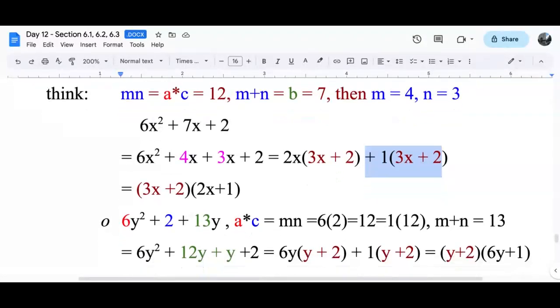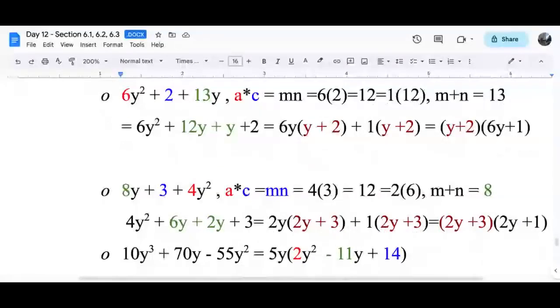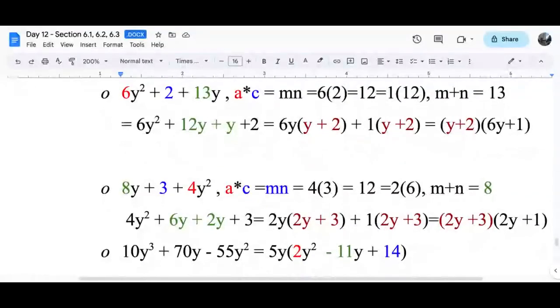Well, let's see this one. We have 6y squared plus 13y plus 2. Basically saying m plus n is 13, but m times n, oh, hold on. Remember this is A, B, C. C is 2, right? So m times n equals A times C, which is 2 times 6, which is 12.